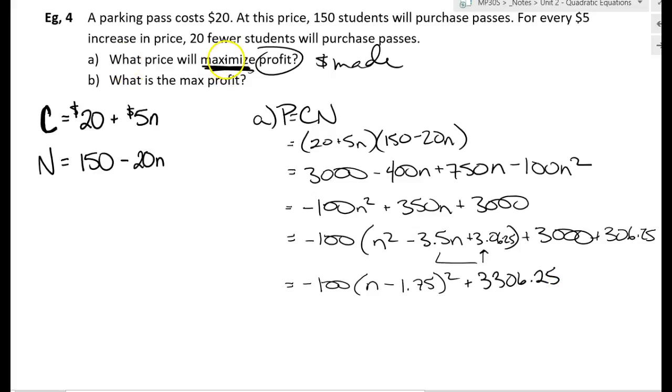So I've got this all finished out. A is asking what is the maximum profit. So remember that this is equal to P. So my profit, my maximum output is my Y value of my vertex. So max profit is going to be that $3,306.25.